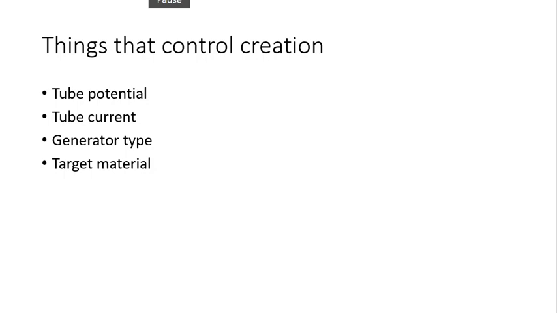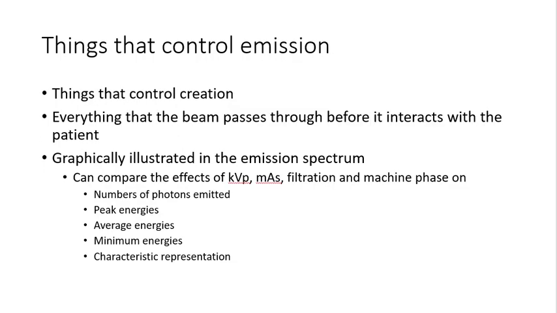And most of the time, whenever we're changing target material, we're changing from tungsten to something of a lower atomic number, so we actually lose numbers in that conversion. So we've got a difference between creation and emission. X-ray creation, again, is at the target. So the things that control creation, again, would be your kVp, your mA, your time, target material.